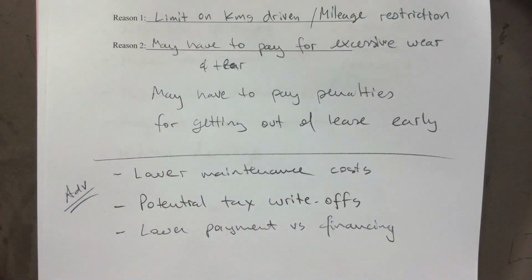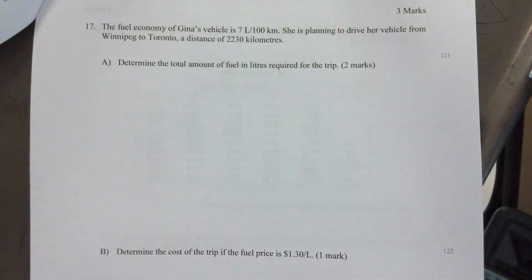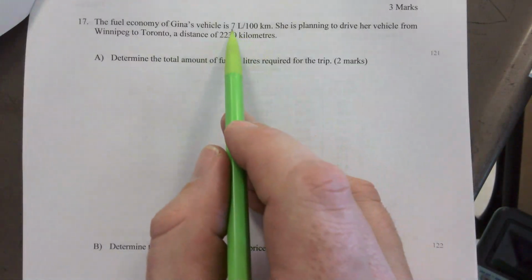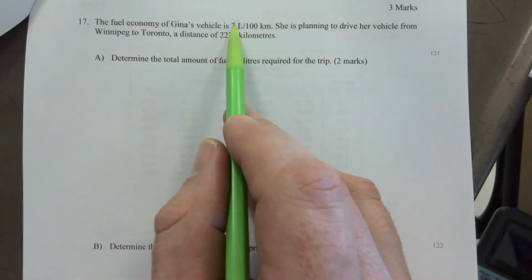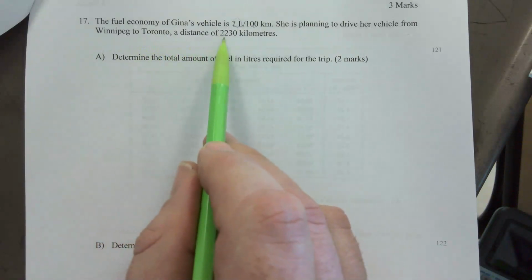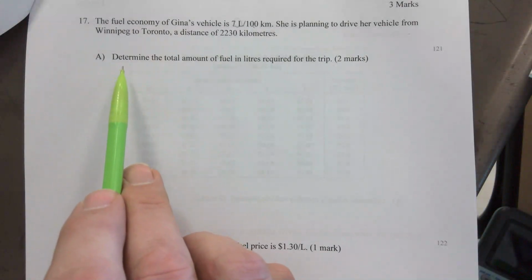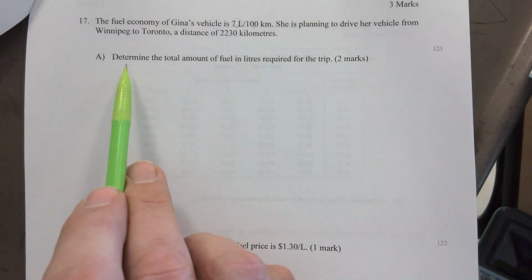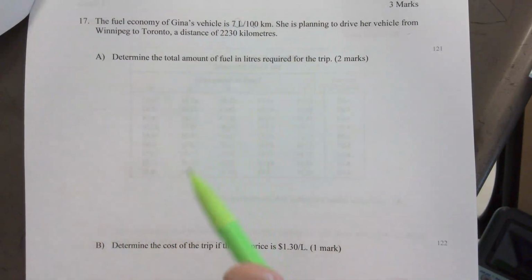Let's keep going. Sorry guys, I know. The fuel economy of the vehicle is 7 liters per 100 kilometers. By the way, the lower this number, the better your car is on fuel, right? But this one uses 7 liters every 100 kilometers. He's planning to drive from Winnipeg to Toronto, a distance of 2,230 kilometers. Determine the total amount of fuel in liters required for the trip.